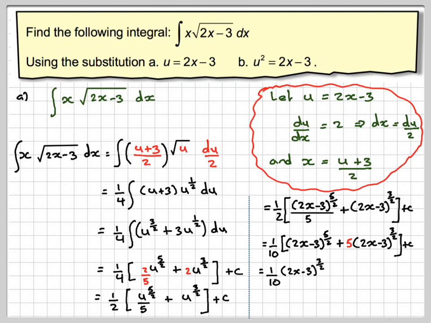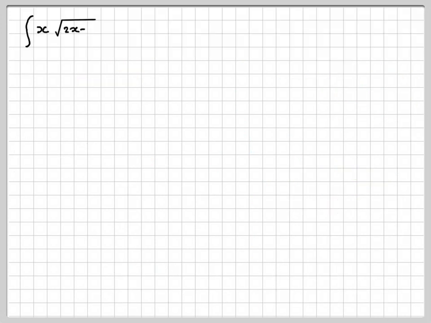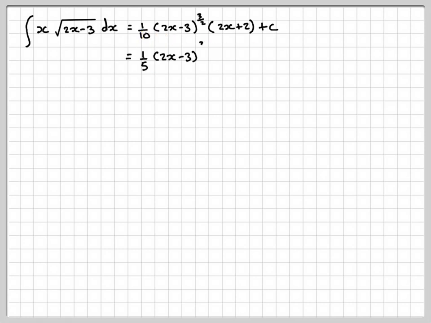Here we'll be left with 2x minus 3, and then the plus 5 times 1, which is taken out, plus c. Simplifying this, we get 2x plus 2, plus c. There's a common factor of 2 here, so that can come out, 2 over 10, which gives me 1/5 of (2x minus 3) to the 3 over 2, times (x plus 1), plus c.